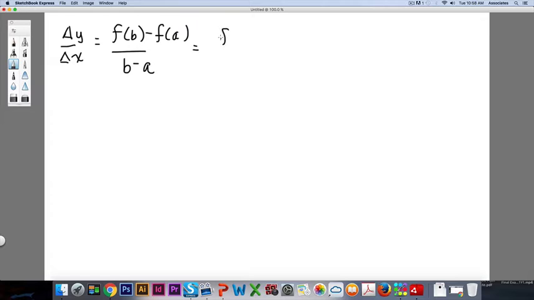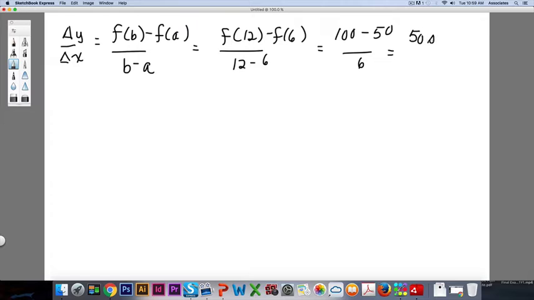So this is going to be the function at 12 minus the function after 6 hours over 12 minus 6. When I plug those values in, I get 100 minus 50 over 6. So I get 50, and this is square feet over 6 hours. Now you can simplify it if you wanted to go further, and you could go 8.33 square feet per 1 hour.